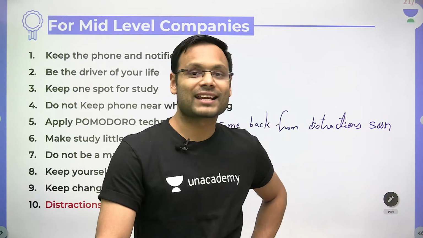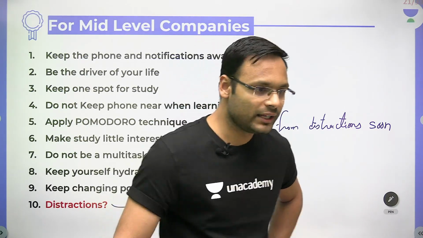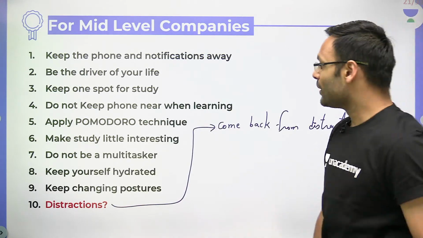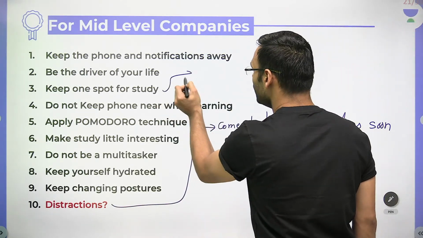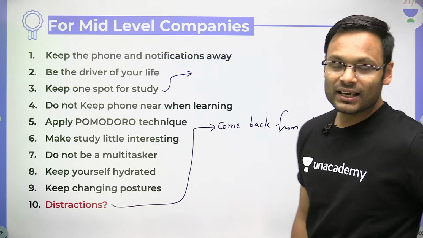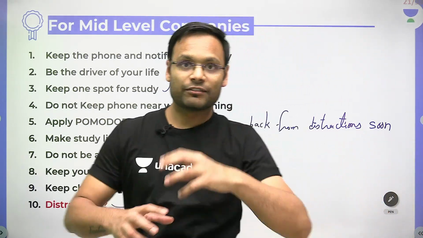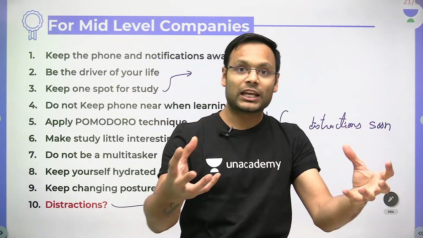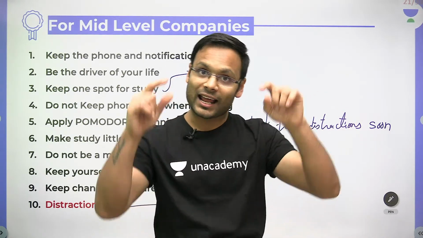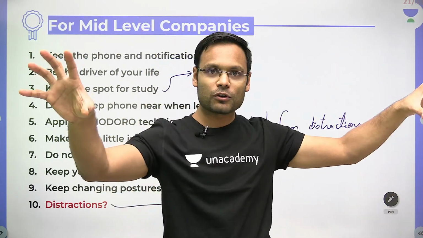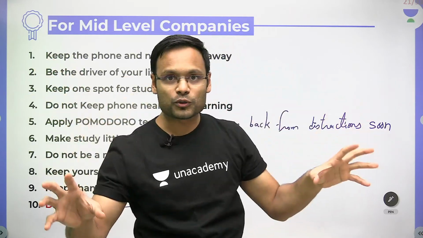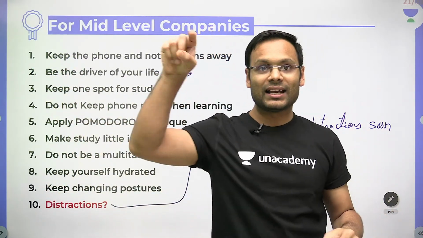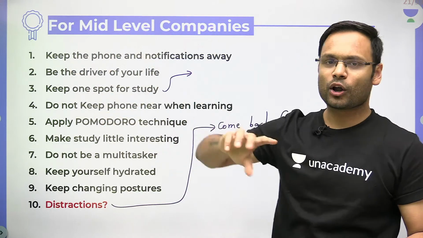Whether for good things or bad things, it depends on how good you are in actions. So if distraction happens, as I told already in this point, keep one spot for study and have some good visuals in front of your eyes. Keep some specific things in front of your eyes which will always remind you that I have to study. Have some posters of your dream colleges. Have some posters of your dream AIR, under 100 or under 200 or under 50.